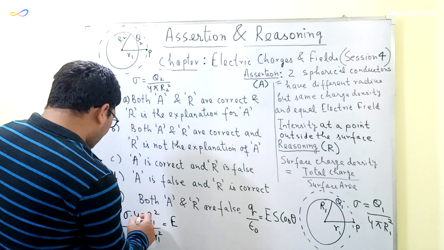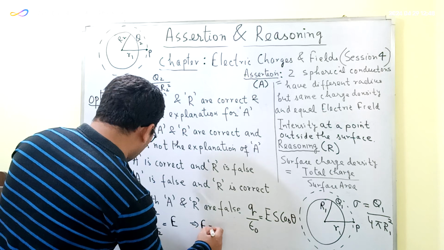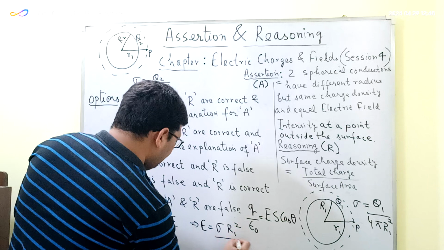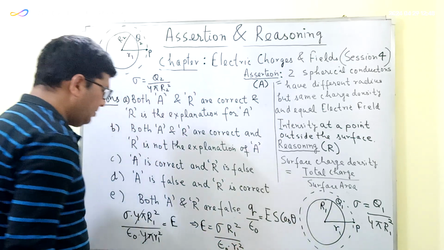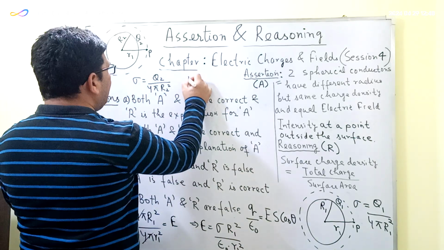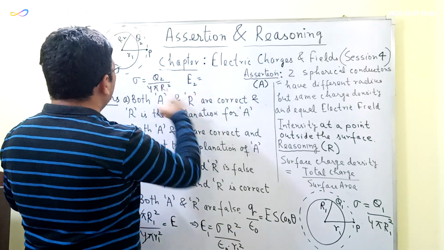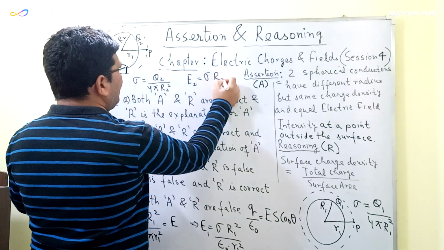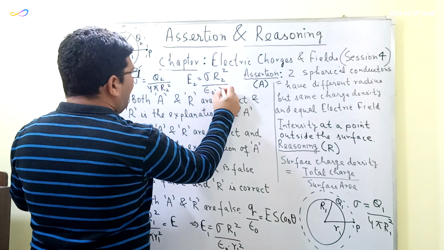From here we can see that the value of E is equal to sigma R1 square divided by epsilon naught small r1 square. Similarly, for the second spherical conductor, let me take the value of E as E1. In the second case, the intensity of the electric field will be equal to sigma R2 square divided by epsilon naught into small r1 square.